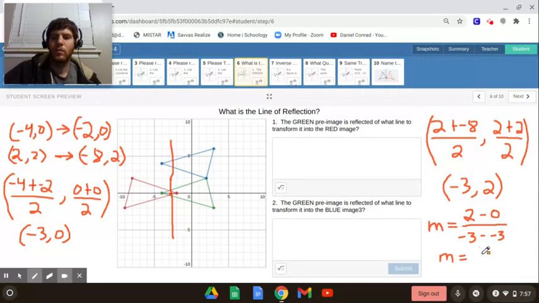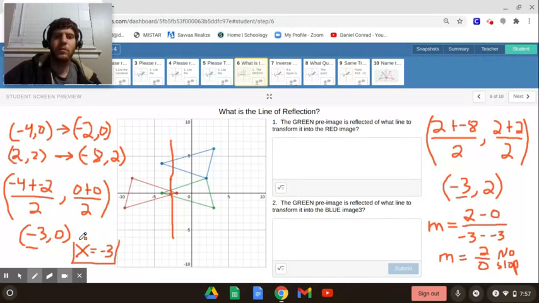So you get 2 over, and negative 3 plus 3 is 0, which means there is no slope. Since there's no slope, you know it's a vertical line. Our x values here are negative 3, so the line would be x equals negative 3.